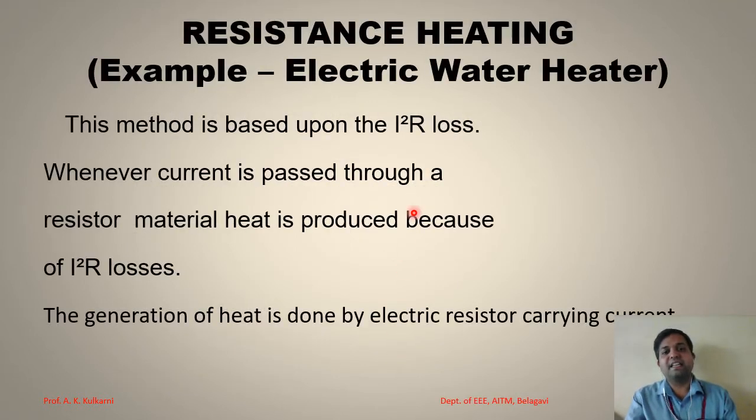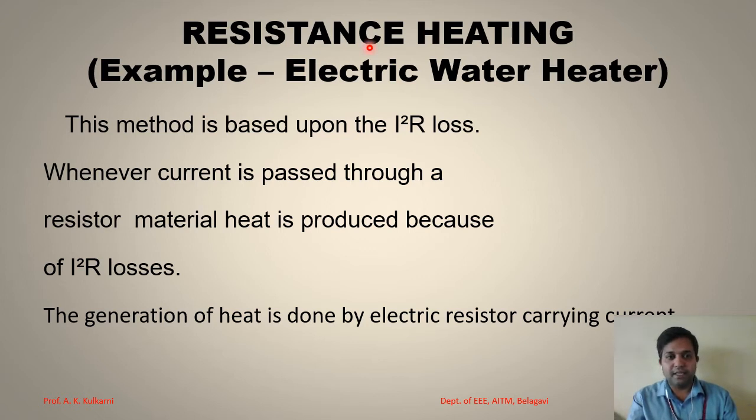Next is resistance heating. We are starting with the first type of heating, that is resistance heating. An example of resistance heating is an electric water heater. In our home, the electric water heater comes under which category?